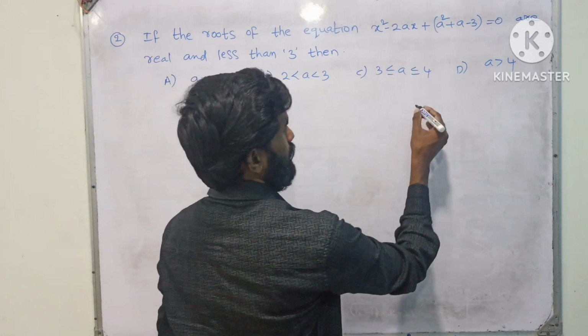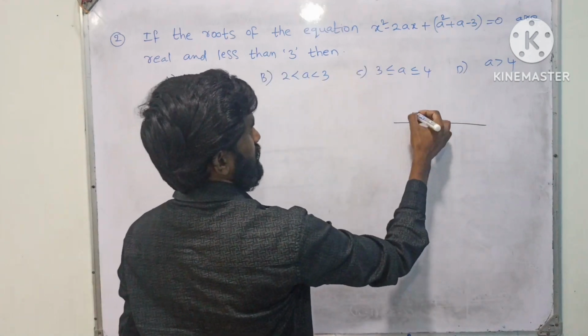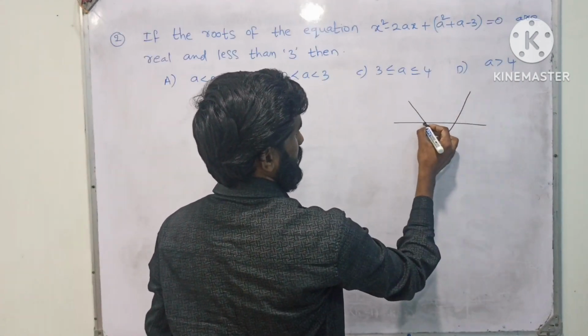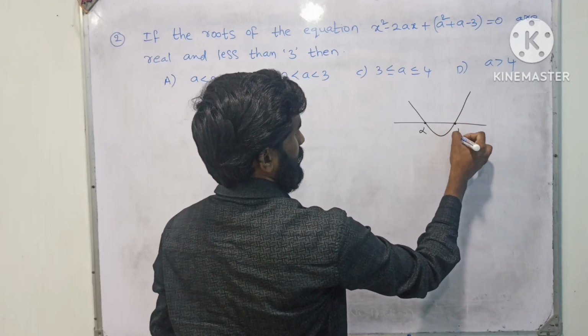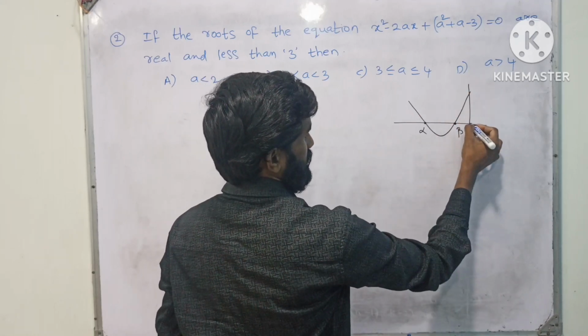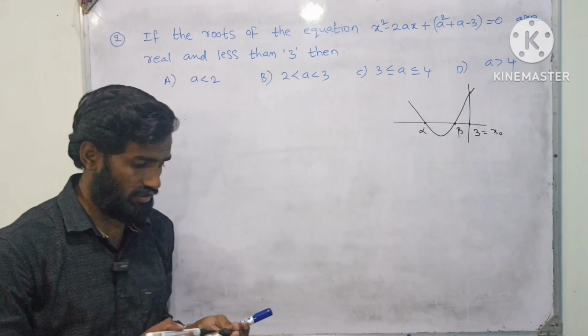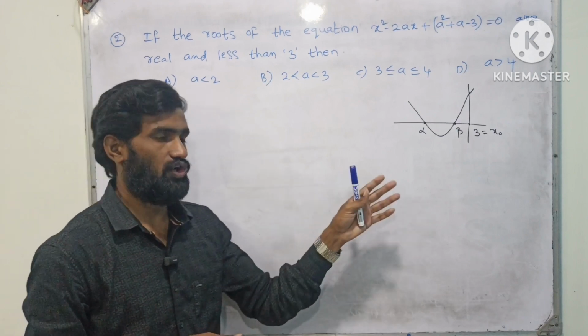What is the graph? We already know. For example, if I take it like this, here a value is greater than 1, therefore it is alpha and it is beta. These two roots are less than 3, so this is 3 we are taking here. This is our x naught. Now this is the second case, we already know.